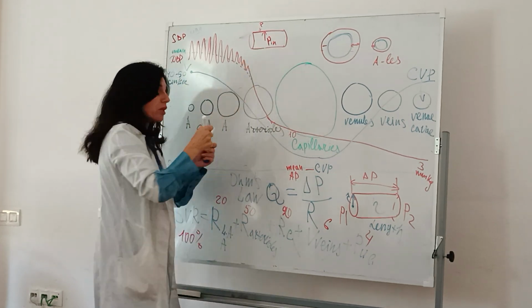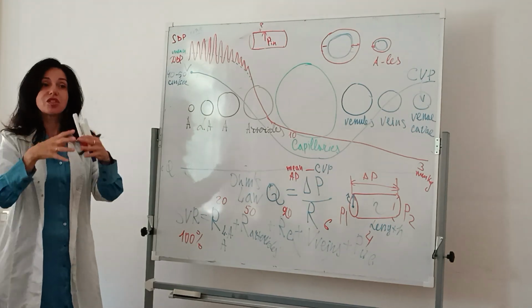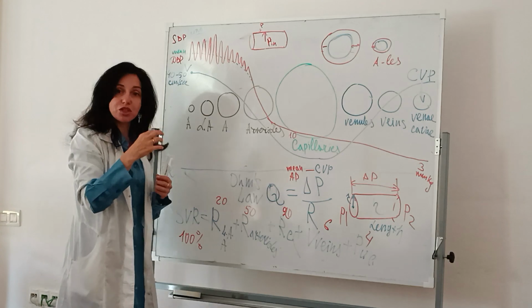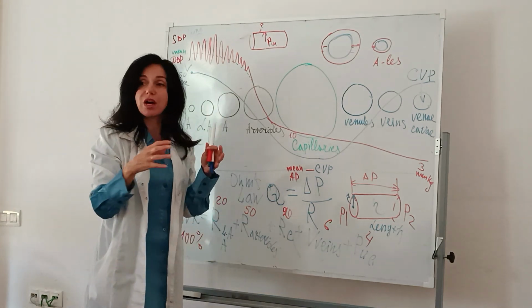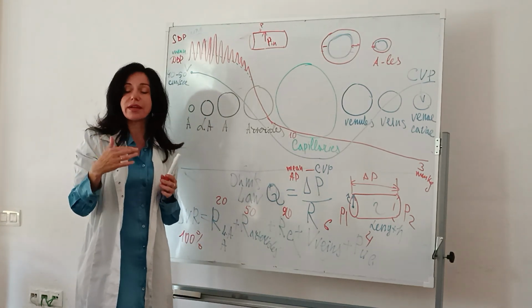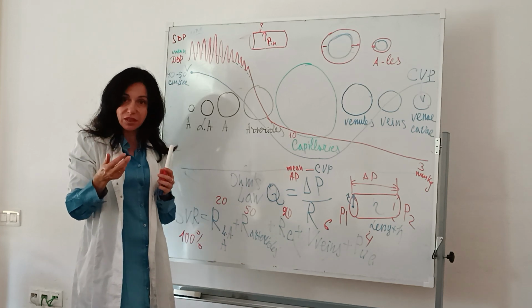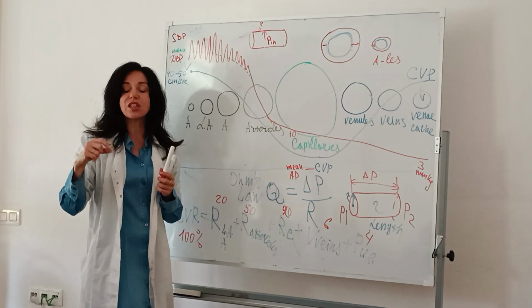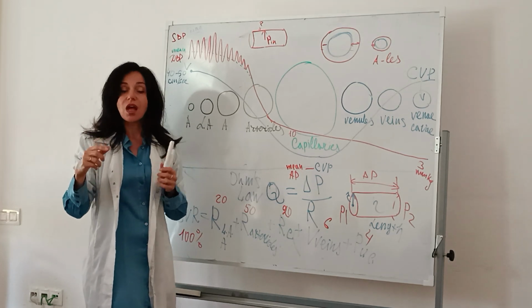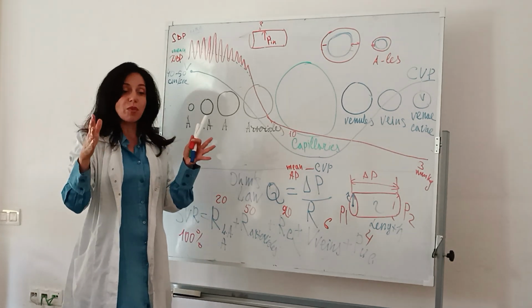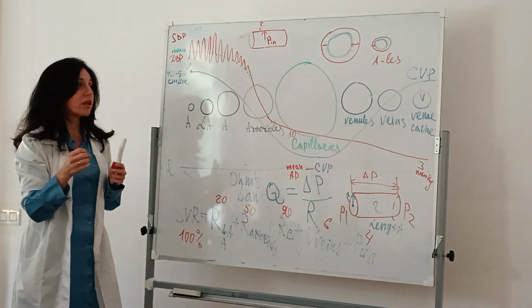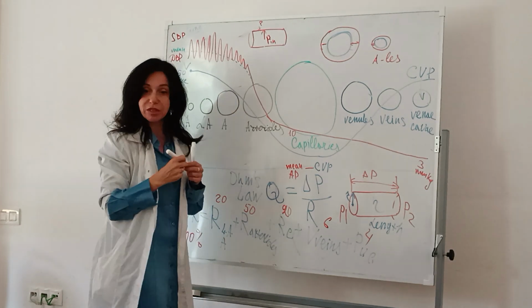It will be dilated, stretched. But stretching smooth muscle increases its automaticity. It starts to contract more and increases muscle tone.